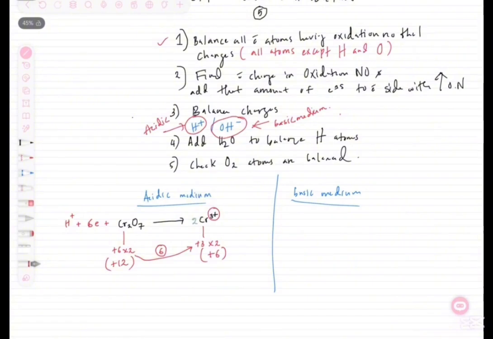And then to balance the hydrogen, I'm going to add water. So it's going to be 14H+ and 7H2O. Now check if the oxygen atoms are balanced. Yes, 7 oxygen atoms here, also 7 oxygen atoms. Now this is all about this reaction. Moving on to the next.